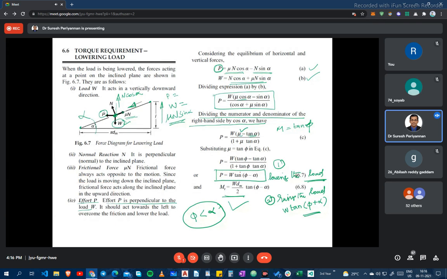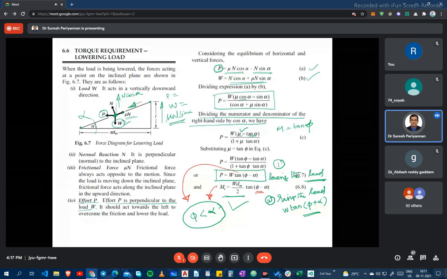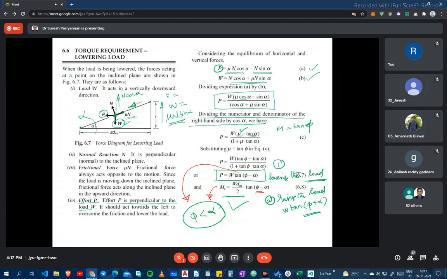In this equation, if I apply phi less than alpha, what is the value of P? You need not say the value, only whether the magnitude of P is going to be negative or positive. Negative, sir. Yes, thank you for your response.